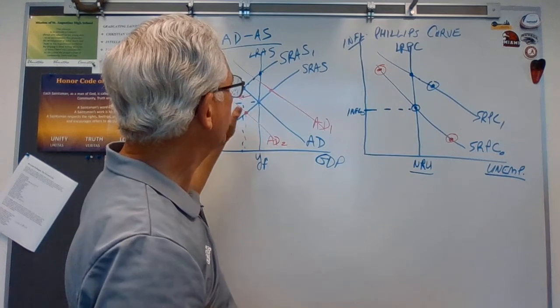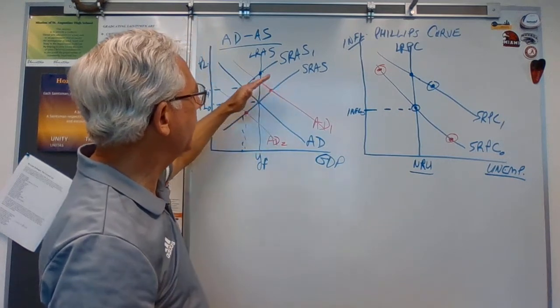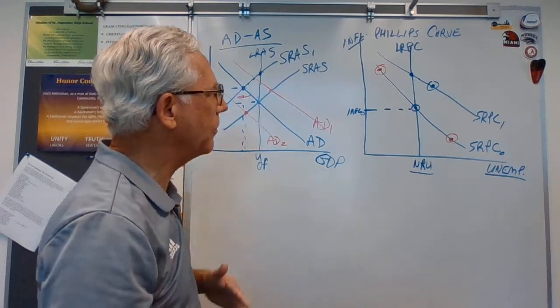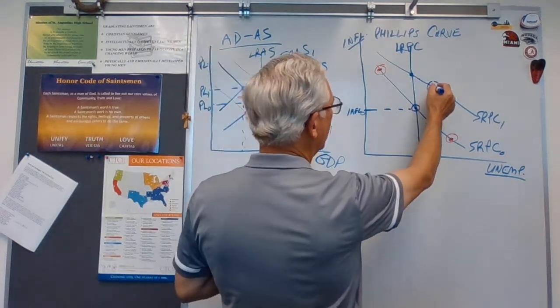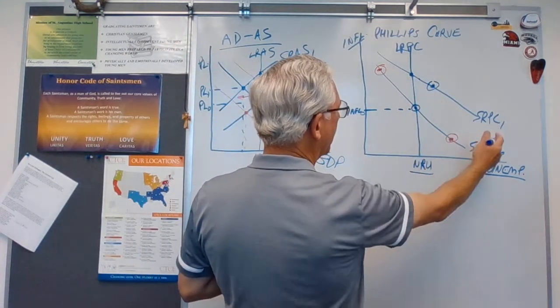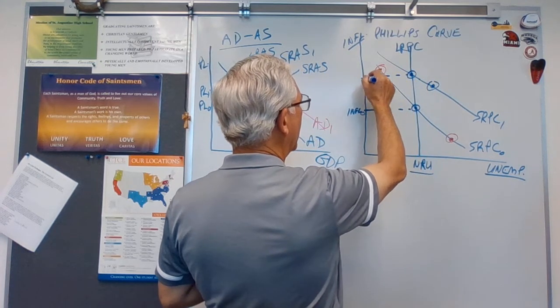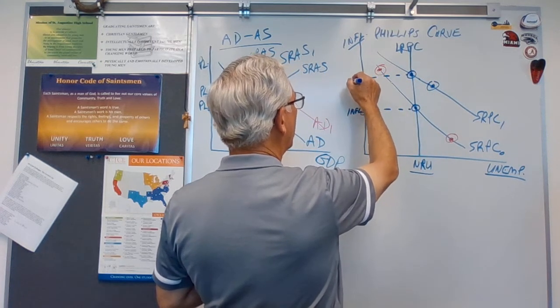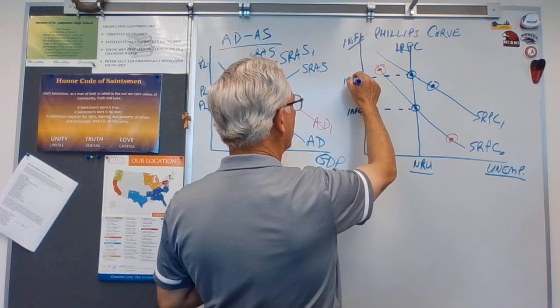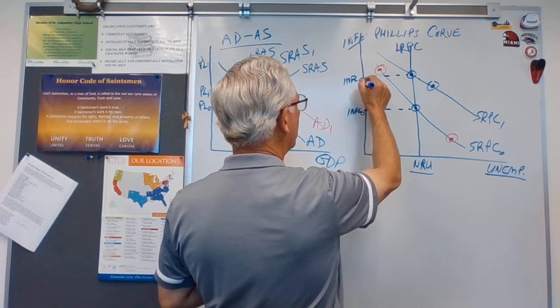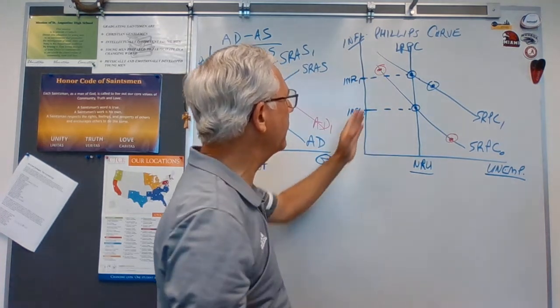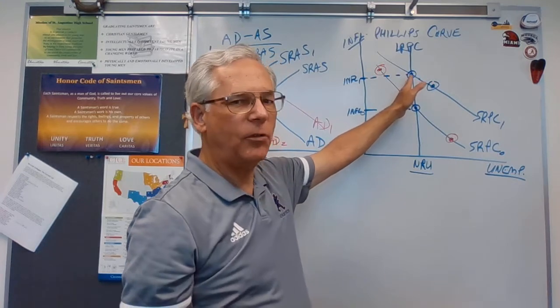However, when short run aggregate supply shifted to the left here in the supply shock, we wound up moving out here off of the short run Phillips curve and then ultimately back here. And we wound up in a situation where the expected rate of inflation, number one, is higher.